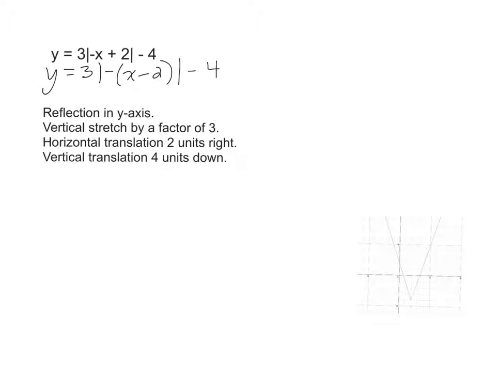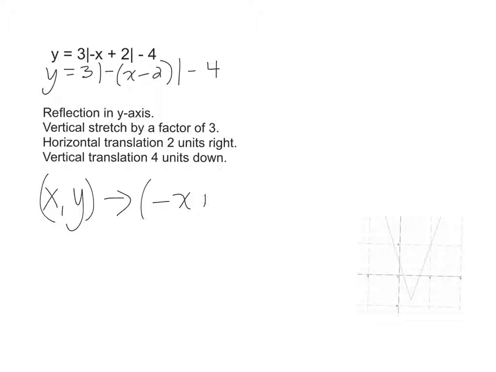And then we can write a mapping rule. X, Y maps to, what's happening to the X? There's the negative in front of it, which just shows up as a negative. The B value here is 1, so there's no stretch factor, so we just leave that off. We go X plus H. What's the H value here? 2.